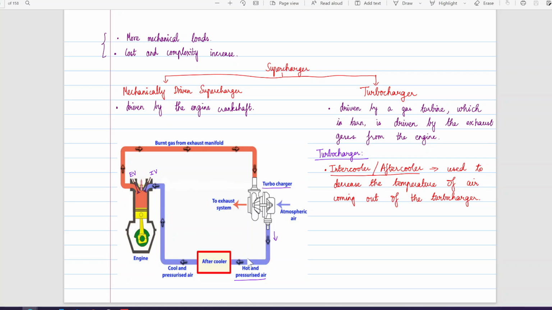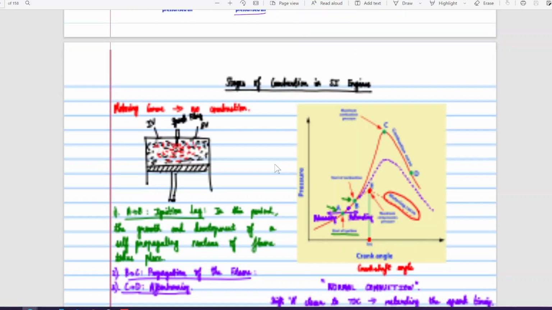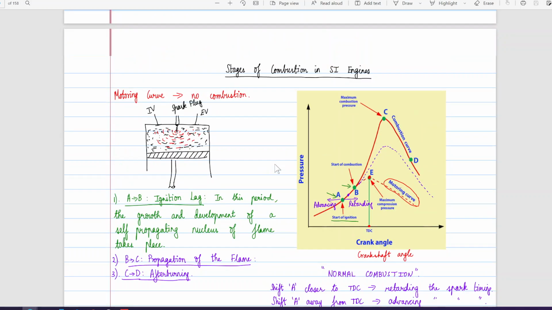We get the hot and pressurized air, it gets cooled using the intercooler. This would decrease the initial temperature and improve our efficiency, right? And this pressurized air is then fed into the inlet valve. So that is the idea behind supercharging.